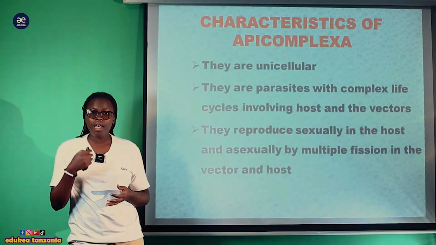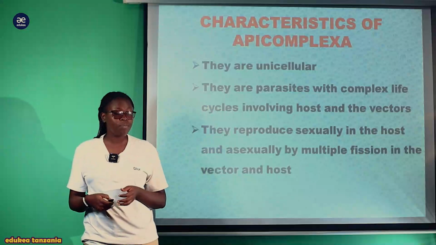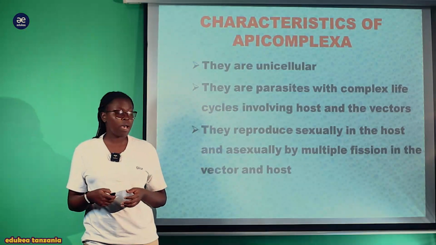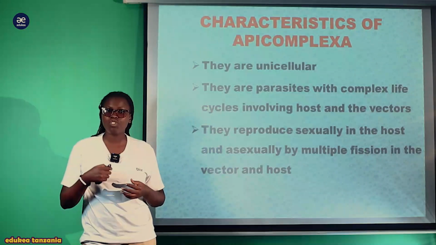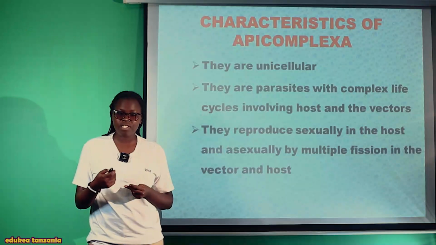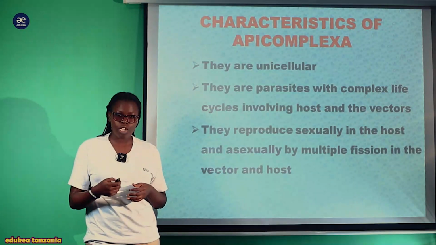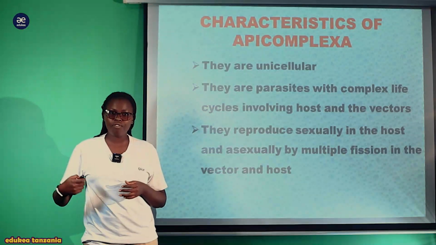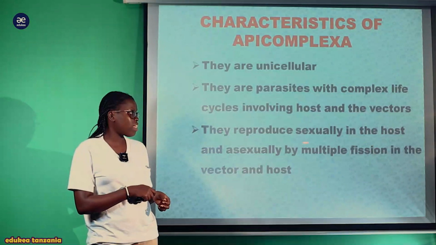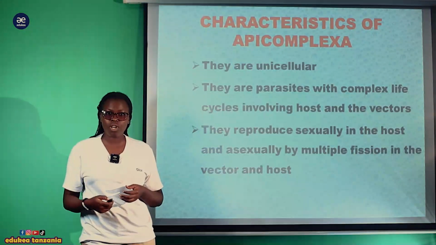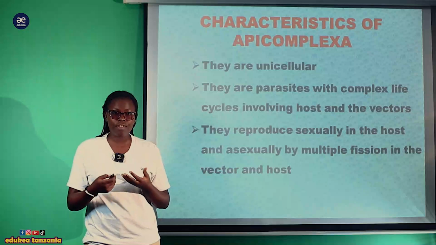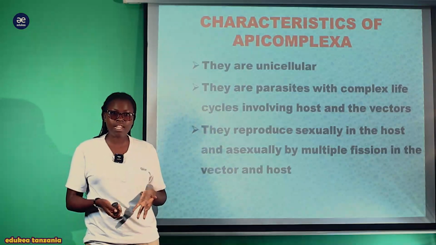This Plasmodium reproduces asexually by multiple fission, meaning that they divide into more than two cells or a population capable of developing into new organisms. Also, when they are inside the host, they reproduce when they are in the liver cell or in the red blood cell.